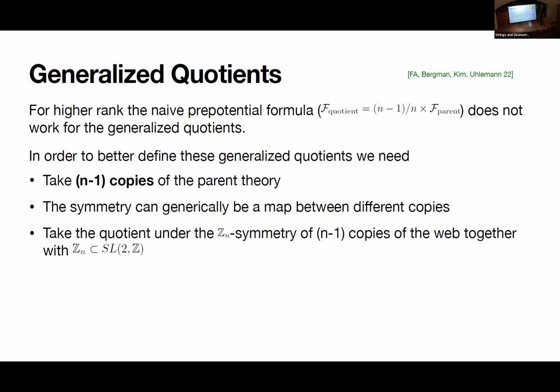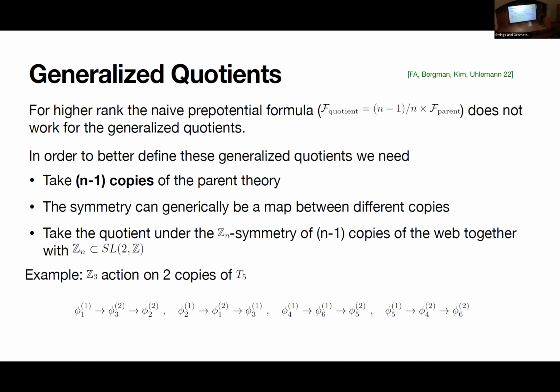And so we need to really define this quotient better. In order to better define this quotient, what you have to do is take n-1 copies of the parent theory, and then you take a symmetry of these n-1 copies, which can take you from one copy to a different copy. So you quotient by this symmetry together with a corresponding SL2Z transformation.